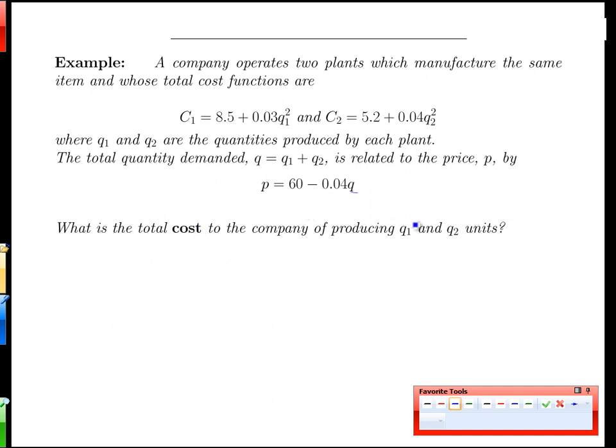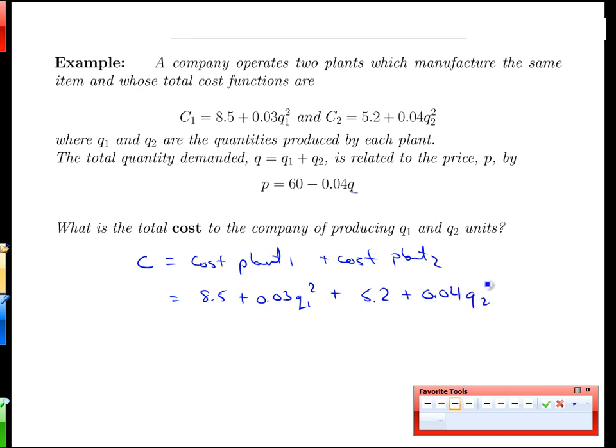The total cost of producing is simply going to be the cost of producing the Q1 units at plant 1 and the cost of producing the Q2 units at plant 2, and that would be 8.5 plus 0.03 Q1 squared and 5.2 plus 0.04 Q2 squared.